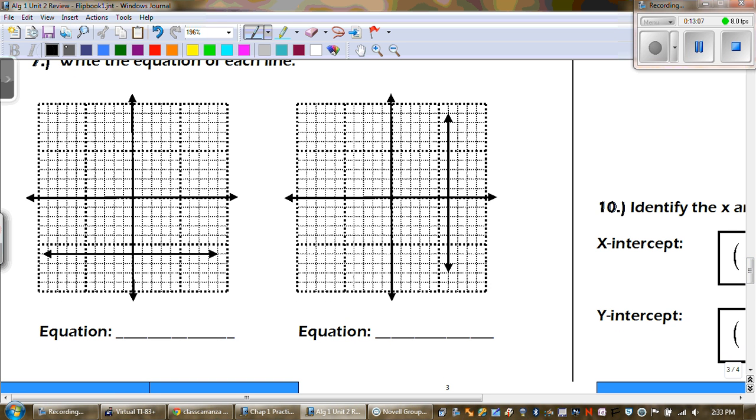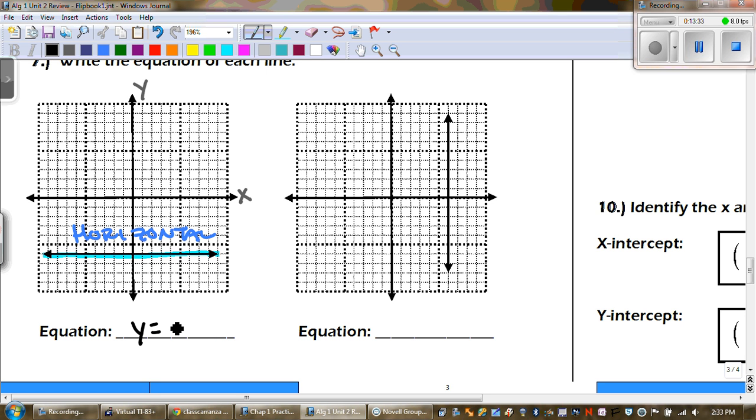Now, when we're doing ones like this where you have to write the equation, I always write down which one's x and which one's y, and I notice that it's crossing the y-axis. So I know that it's going to be a y equals graph. We should also know it's going to be a y equals because it's horizontal, okay?